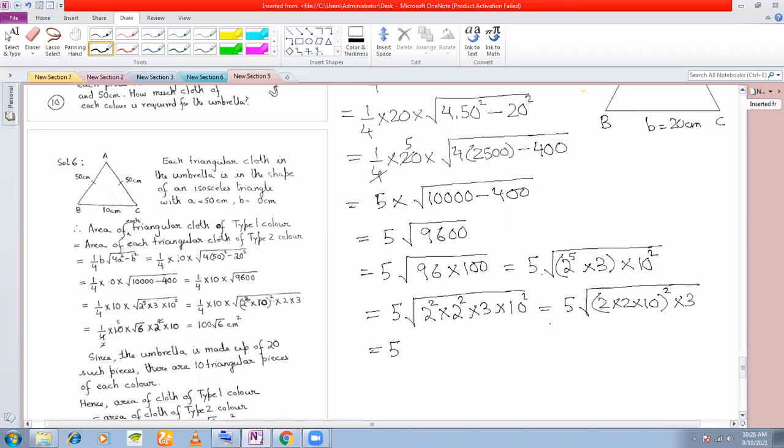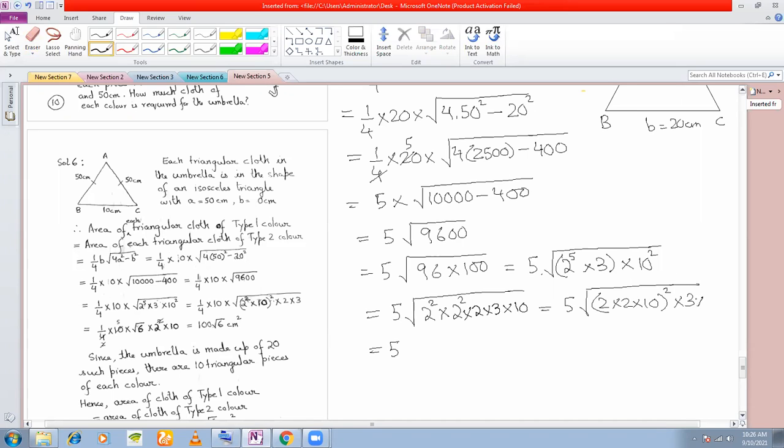Now you can remove the radical above the square. So it is 2 to the power 5, and then you are writing 2 square into 2 square. Oh, 2 to the power 5 is there, no? I skipped a 2. So this is into 2 into 3 into 10.